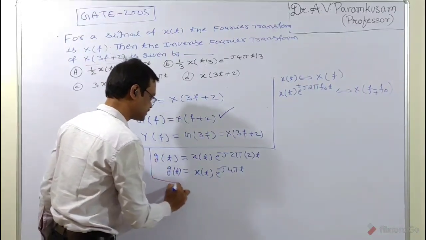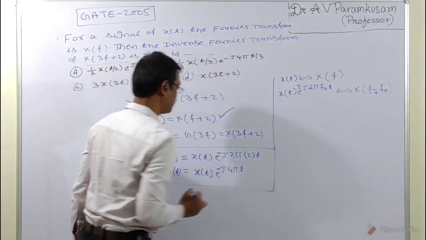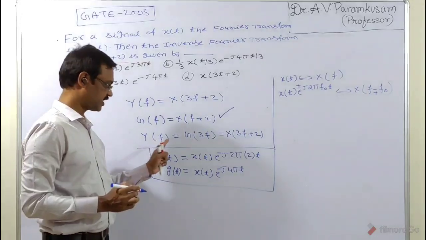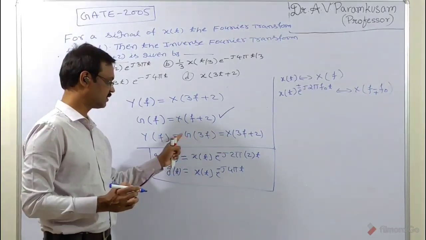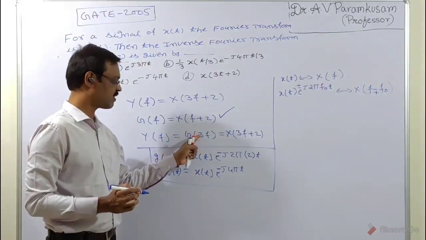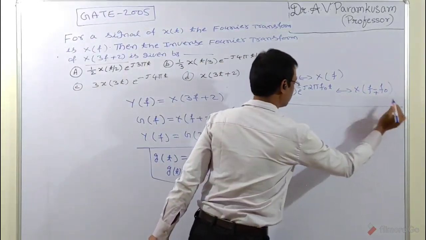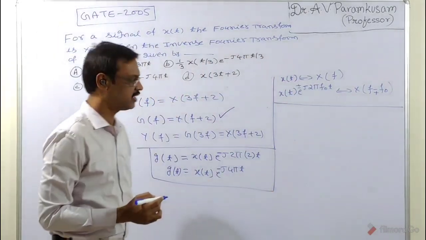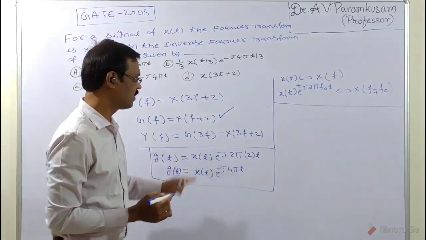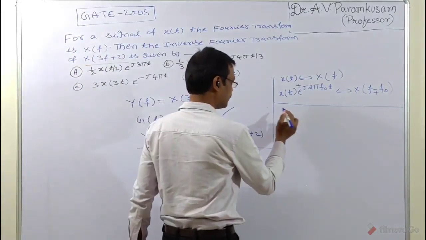The next step is to apply the inverse Fourier transform on both sides of this equation. What is the inverse Fourier transform of g of 3f? In order to find it, first you write the time scaling property.